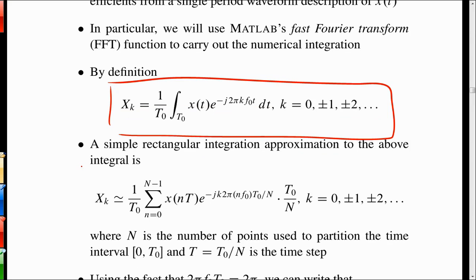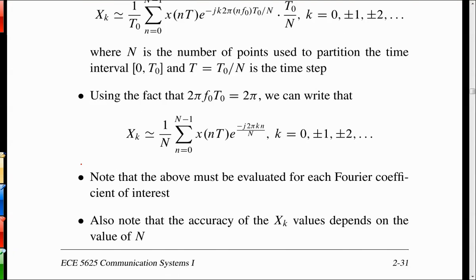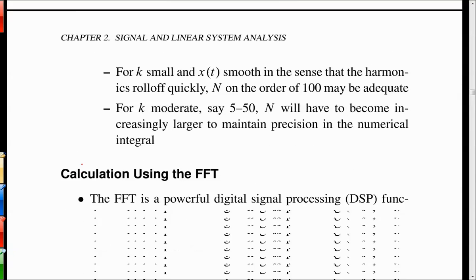I don't really want to go through the details, but the approximation can be made better and better by letting n become large. You can't let n go to infinity on the computer, but you can just let it become large enough so that you get a small approximation error.